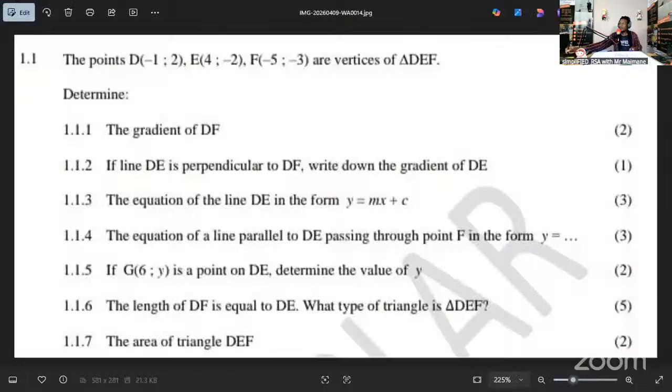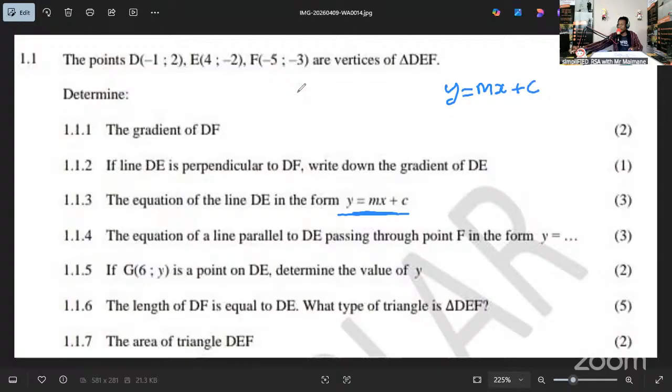Anyone wants to save the day, how to get an equation of a straight line between 2 points given y is equals to mx plus c. The m stands for the gradient already. So we must represent the line in the form of y is equals to mx plus c.